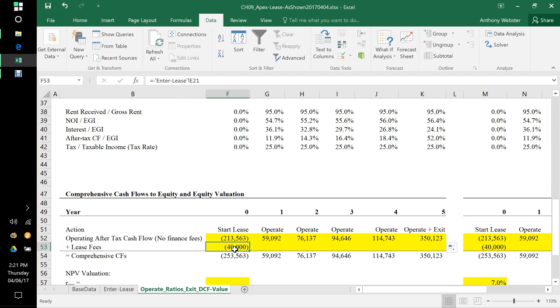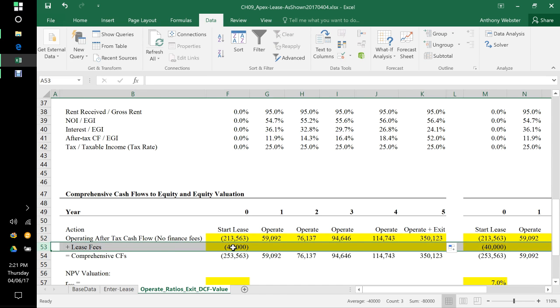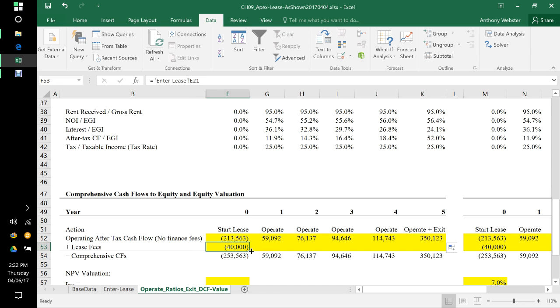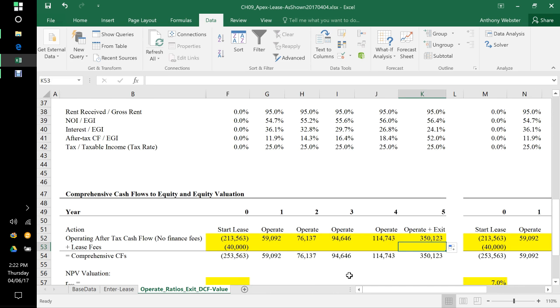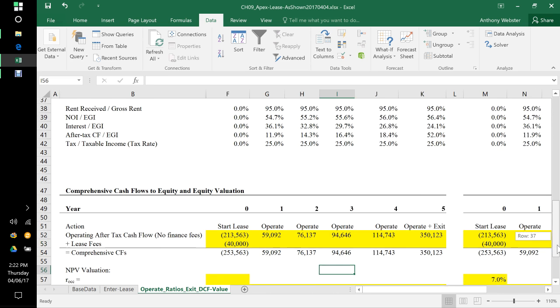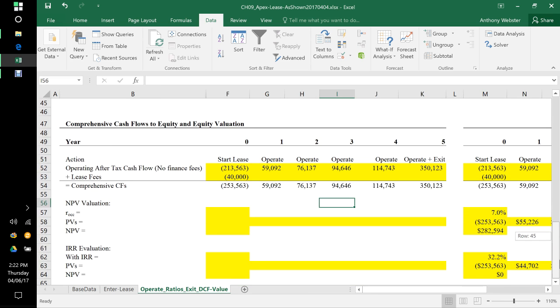In the real world, the fees can happen whenever they're negotiated to happen and put in the contract. So there could be some here, could be more here, could be some here. It's whatever you negotiate in the commercial real estate world. Okay, so that's all looking good here.